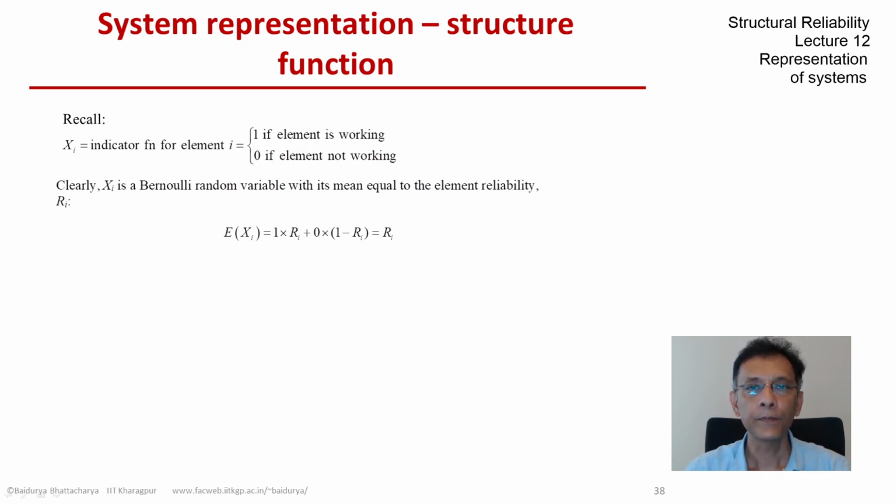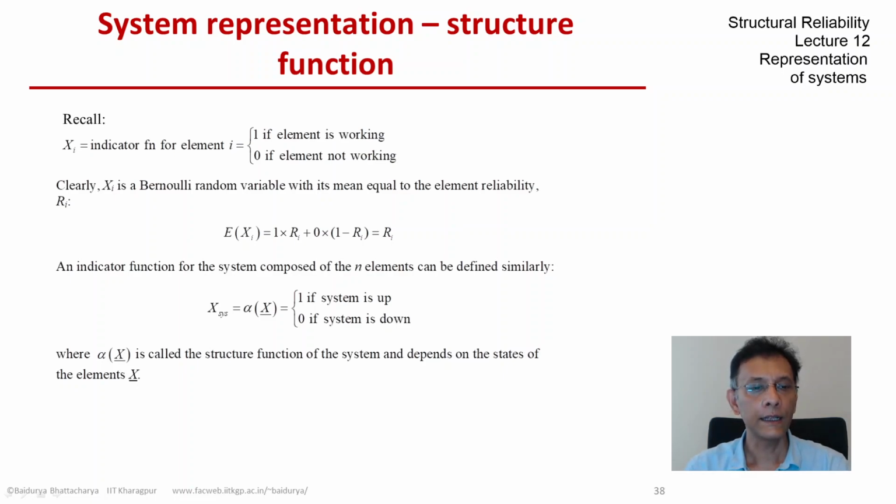So the expected value of this random variable is its reliability, because if it's up, it's reliable. If it's down, its probability is 1's complement, its failure probability. So the expected value of xi is ri, ri being the element reliability for element i.